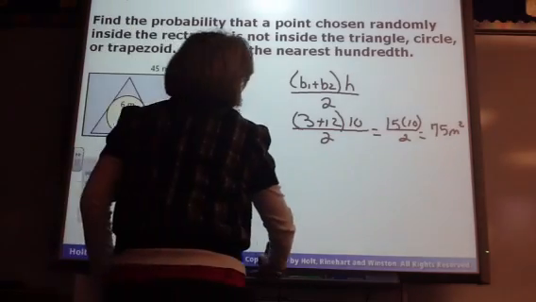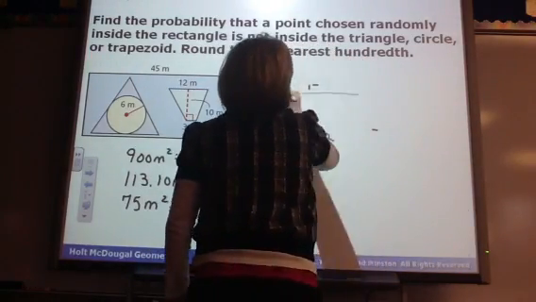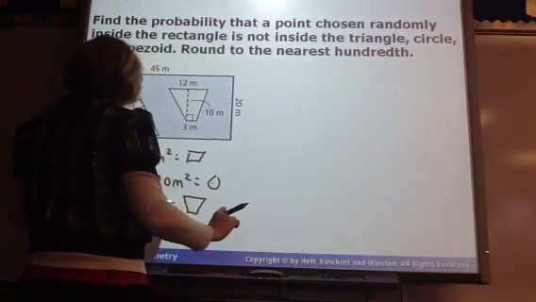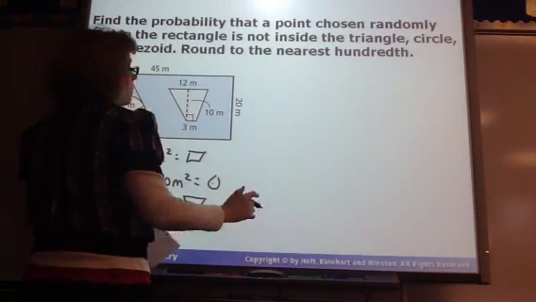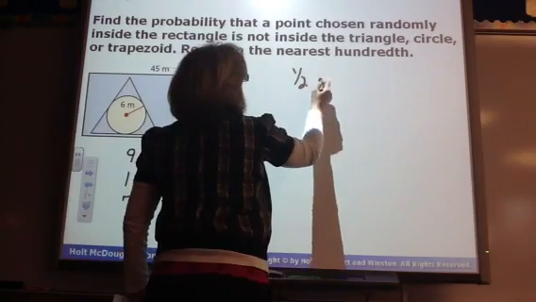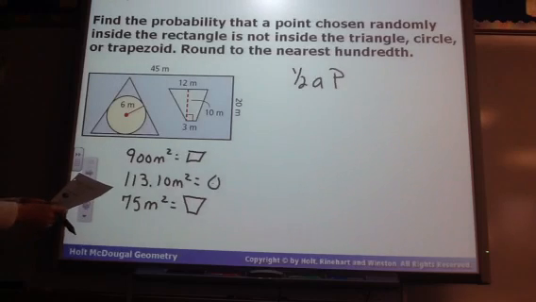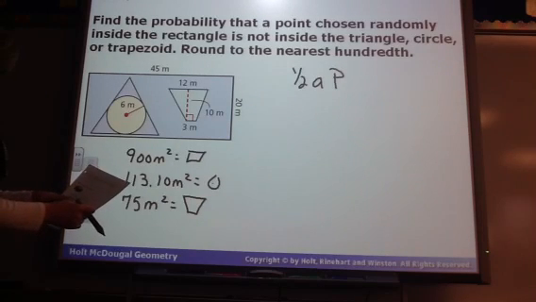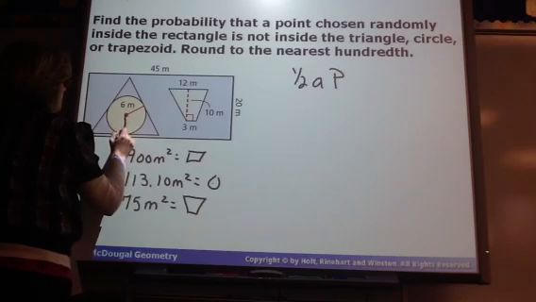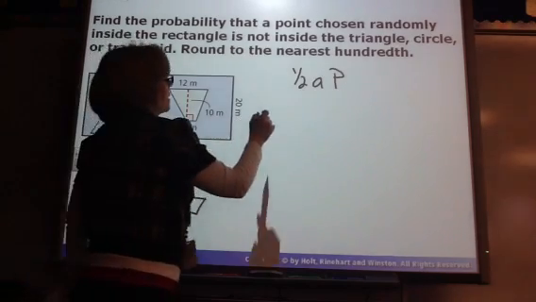Okay, and then on the triangle, okay, so on the triangle, we'll use 1/2 of the apothem times the perimeter of that triangle. Okay, so our apothem is going to be 6.